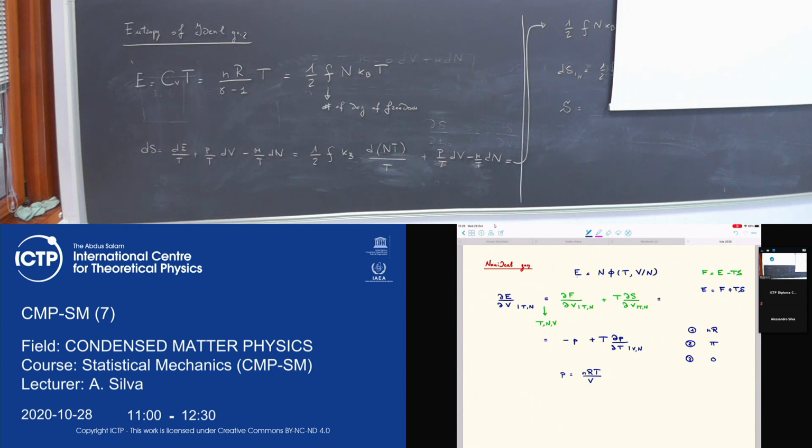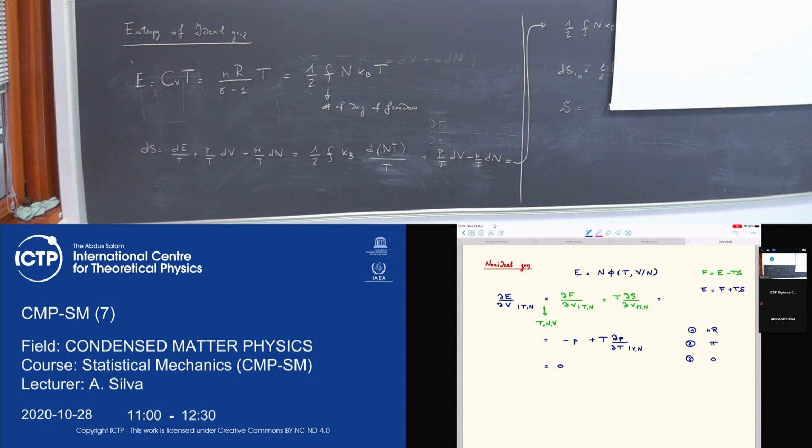So minus P plus T dP/dT is equal to 0. So for the ideal gas, this is equal to 0, which is consistent, by the way. We know that for the ideal gas, the energy does not depend on the volume. So luckily, we got the correct result.